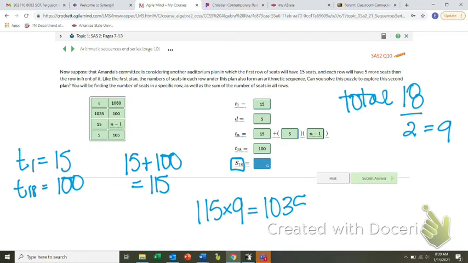1,035 seats. So that means if I took the time to work out this problem for everything and then added all of those numbers up, I would get 1,035. This is just the short and simple and quick way.